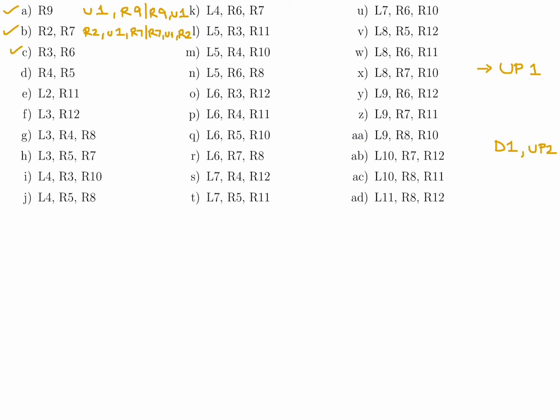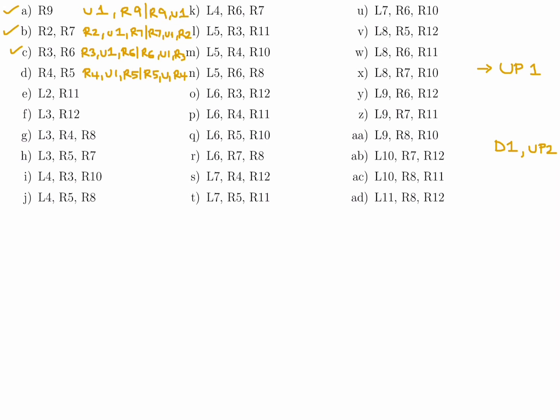And then C, you can also use that in a very similar way. R3 up by 1, R6. And then you can flip the R6s, R6 up by 1, R3. Okay, D you can also use R4 up by 1, R5, and of course the flip, which is R5 up by 1, R4.